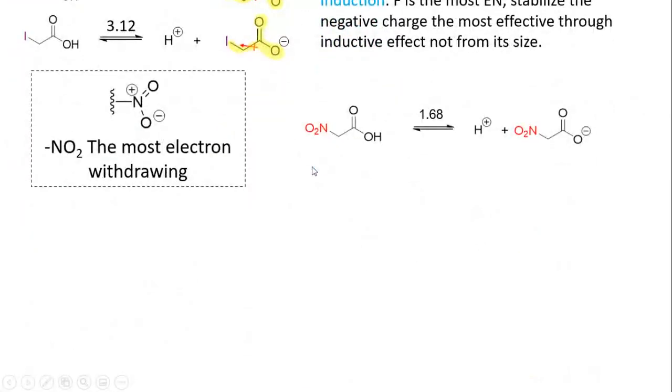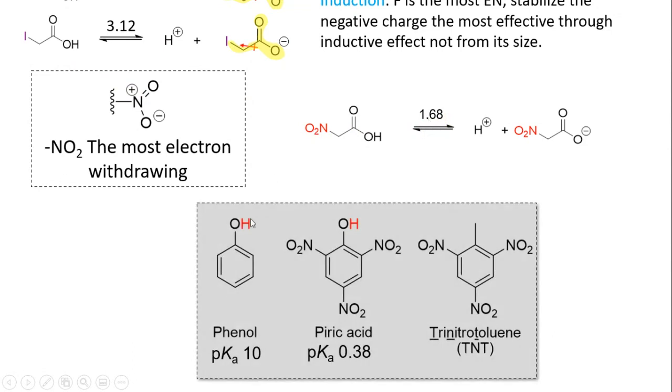For this kind of example, you're going to see a group we call a nitro group. The nitro group is the most electron-withdrawing group, like the best one there. Look at the pKa. Just replace iodine, fluorine with the nitro group, and the pKa goes from 4.7 down to 1.68. And if you still remember phenol, the special alcohol we talked about, pKa about 10.